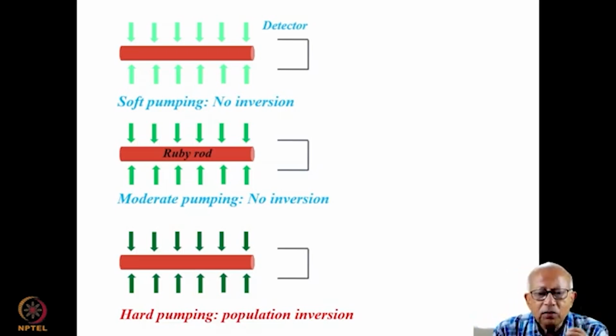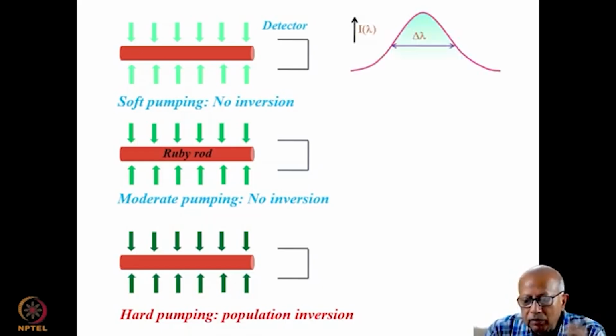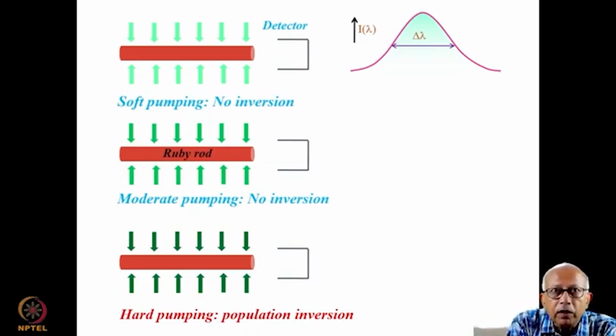In this case, when he pumped it very softly, Maiman observed that the spectral width of the fluorescence matched the known fluorescence spectral width of ruby. It was absolutely fine.